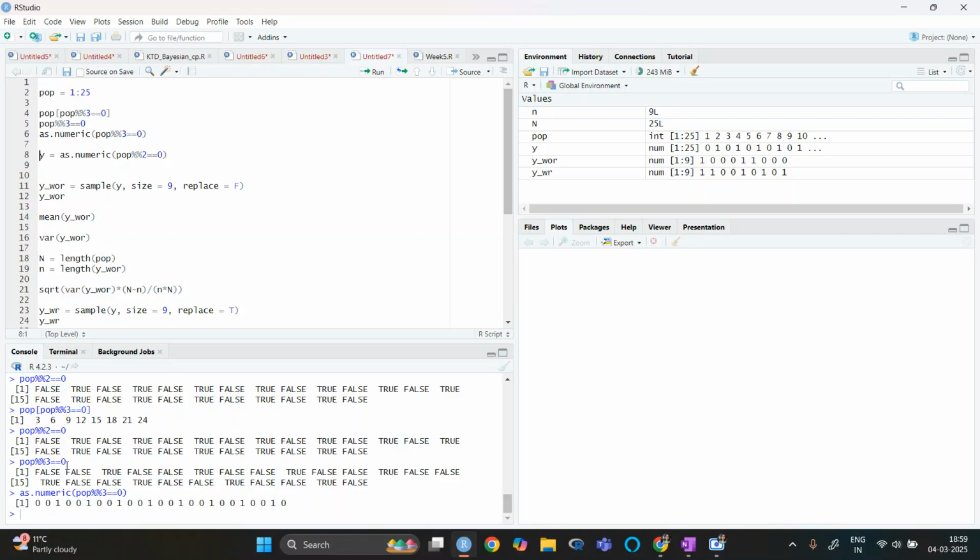So if you have good or bad, we can give bad 0 and good 1. For false it takes 0, and for true it takes 1. So it is converting the same population into numeric form so that we can work on it later, because with false and true we cannot find the mean or variance or anything. That is the only reason for as numeric.